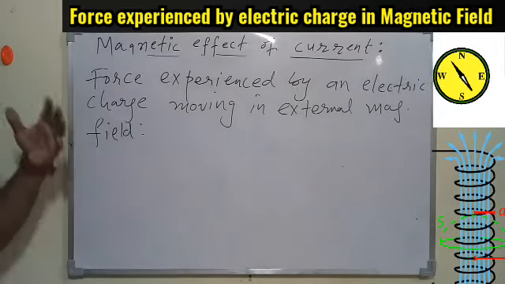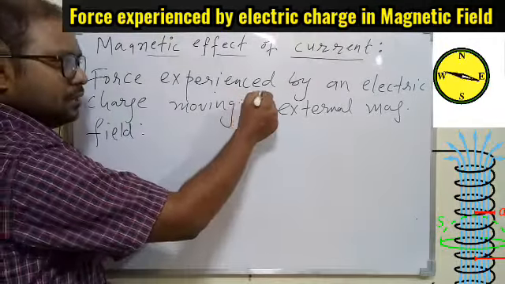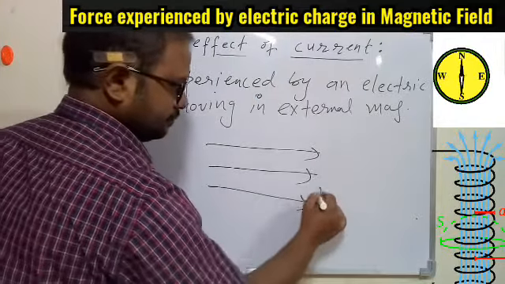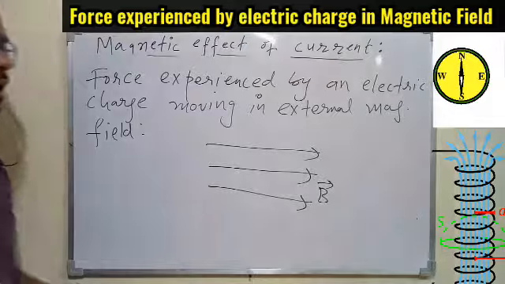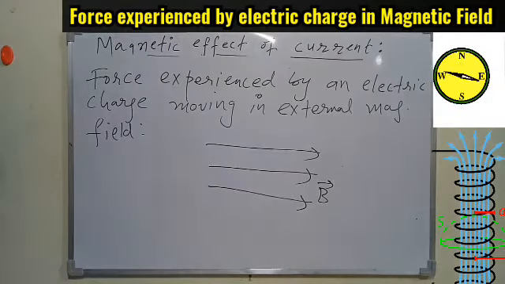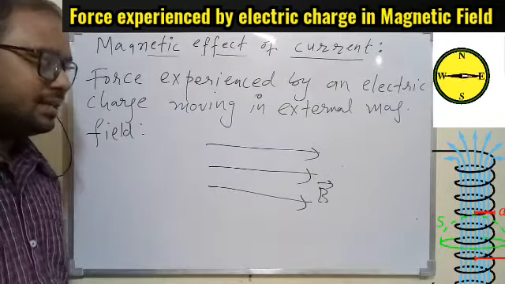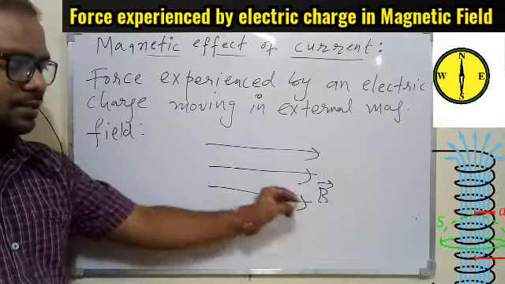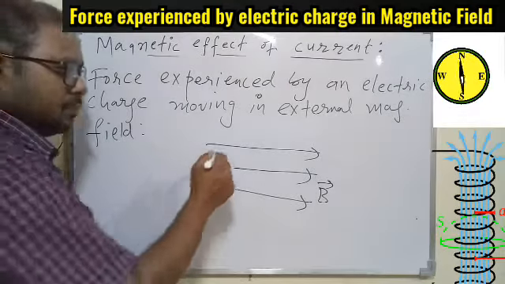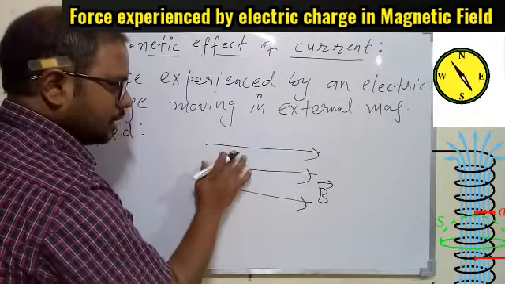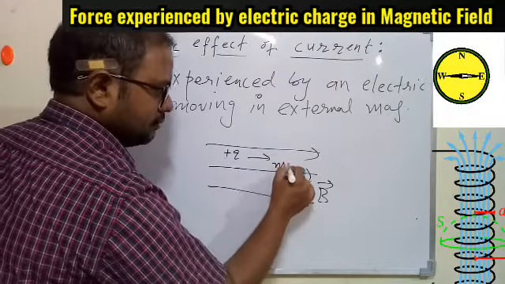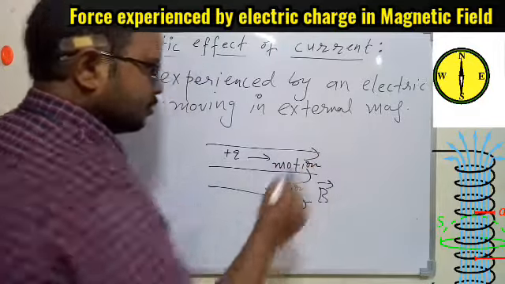Overall, what is to be understood here: if we have a magnetic field anywhere, I am just showing you a particular space where we have some magnetic field. Let the magnetic field be uniform, so I have drawn parallel lines, the magnetic field lines are parallel, and the strength is B. Now take an example: a positive or negative charge starts moving in the field.